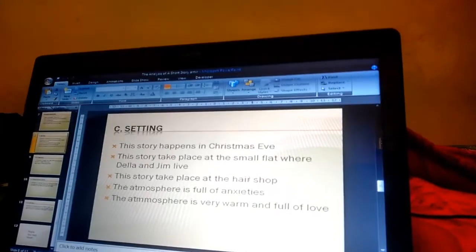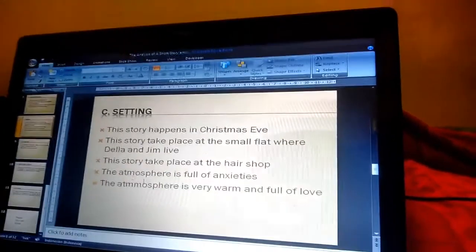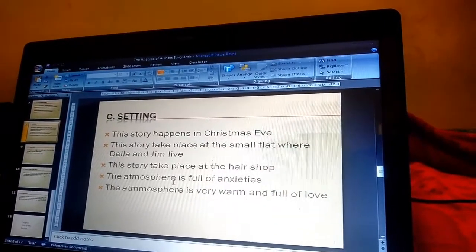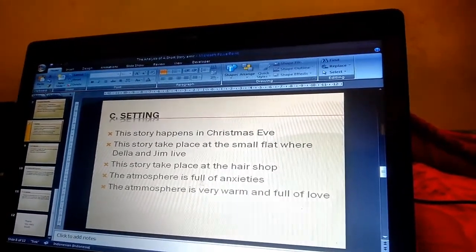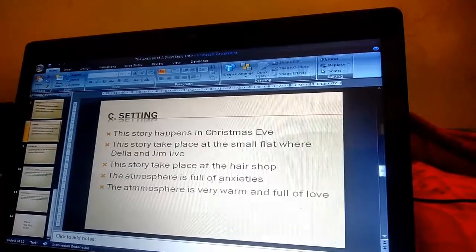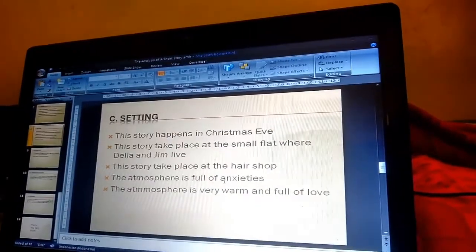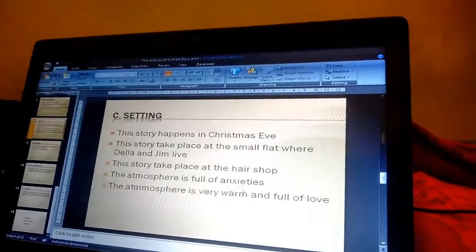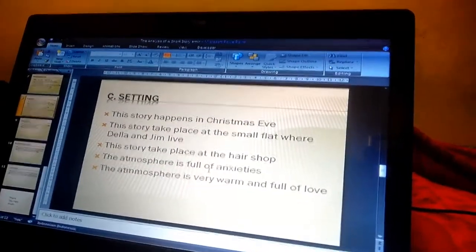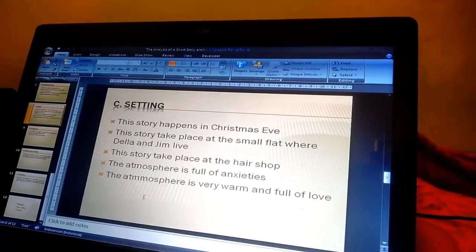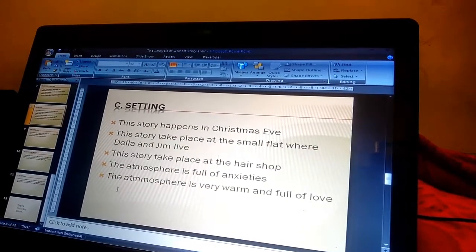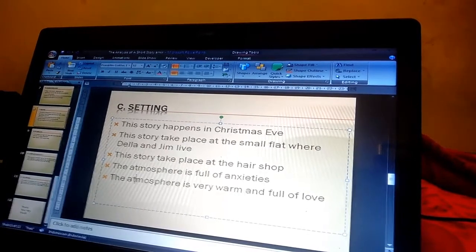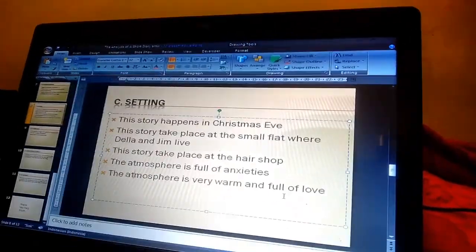buying the gift. And in this story, the atmosphere is full of anxieties because both of them are very anxious about the reaction when they open the gift. But the atmosphere of this story is also very warm and full of love.